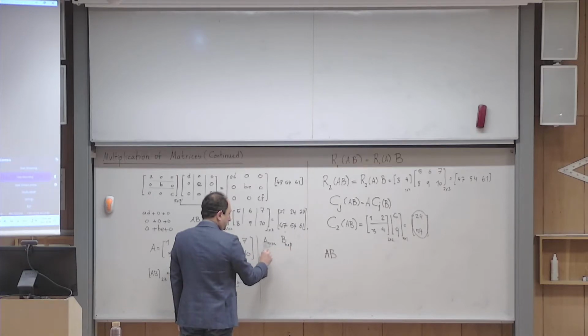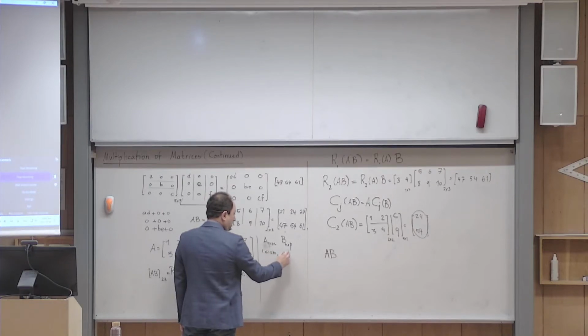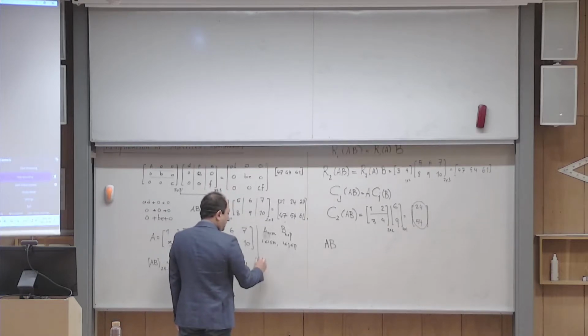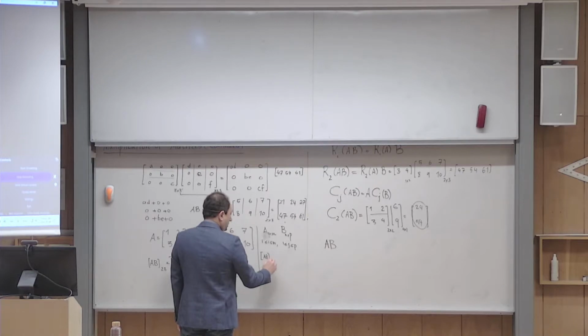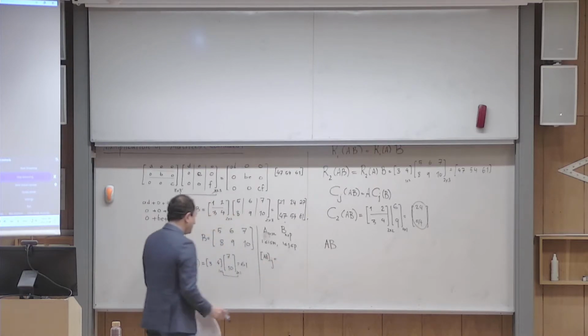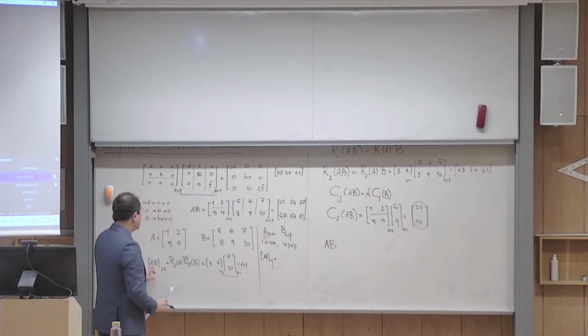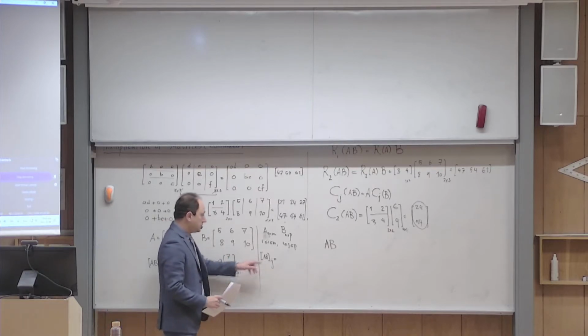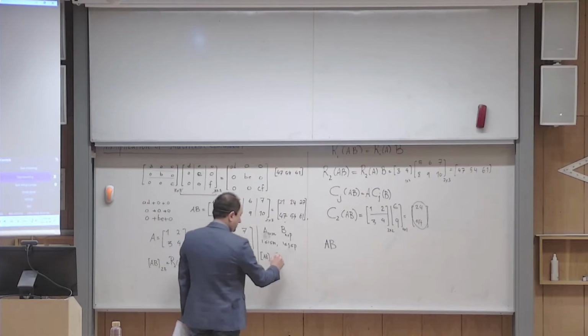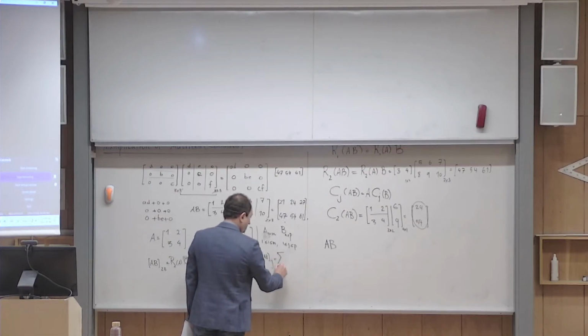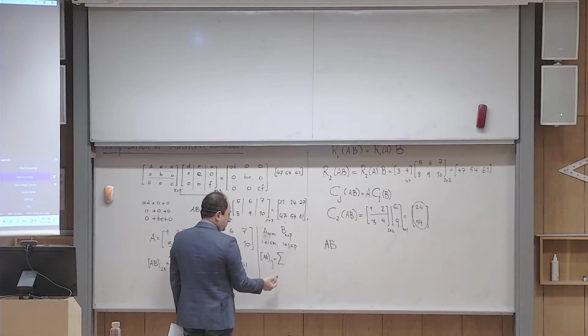For example, if I take i from 1 to m, an integer, and j from 1 to p, an integer, then I am allowed to ask you what is (AB)ij, yes? We answered this question in a slightly different way today, here. But the definition was a sigma. Do you remember how to write it?